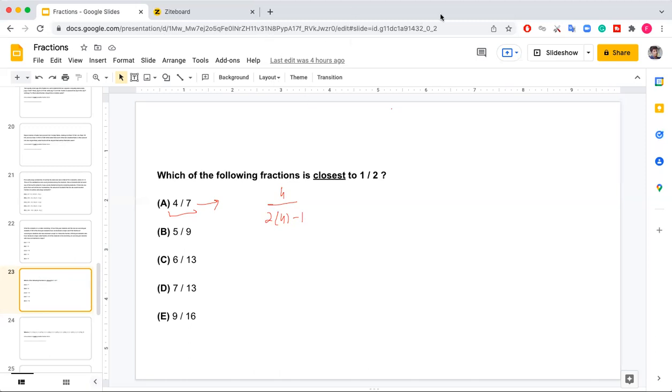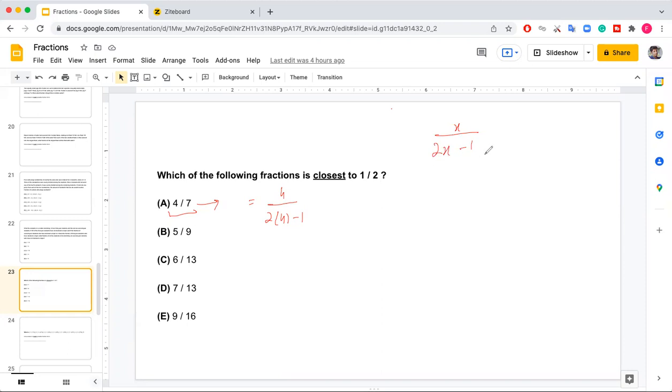So all of these can be written this way. All of these except one can be written in the form of x over 2x minus 1. Yes or no? Yes, the last one is not.